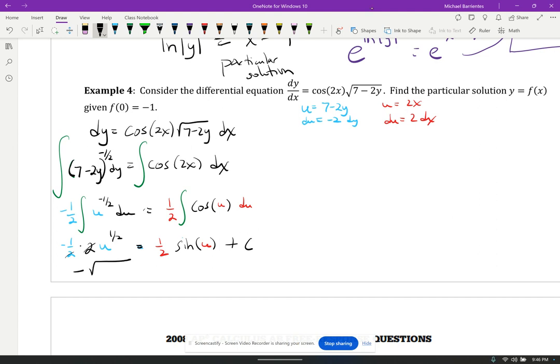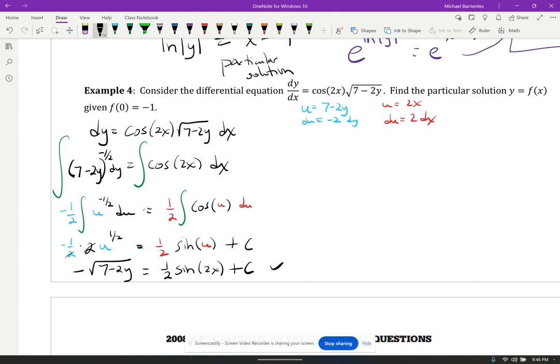My blue u was 7 minus 2y, and that equals 1/2 sine of u, my red u, was 2x plus c. All right, there's my general solution. I'm going to pause there to see if that makes sense. I had to do antiderivatives, but these antiderivatives had an inside function, so I have to do a u substitution, and that's what I did here.